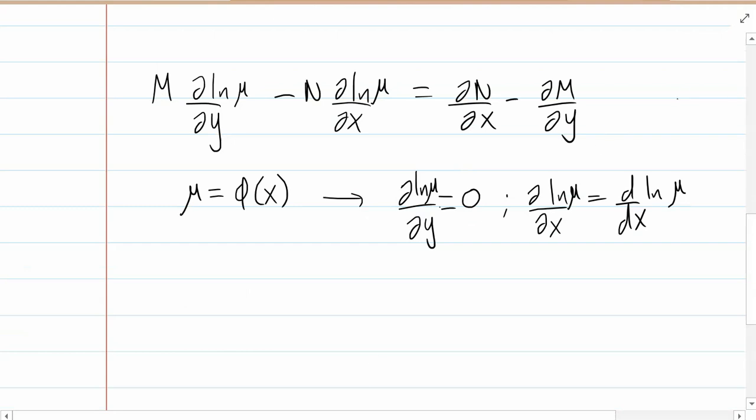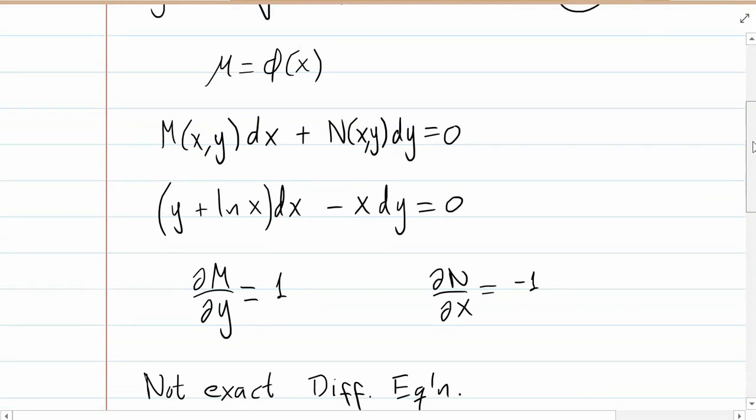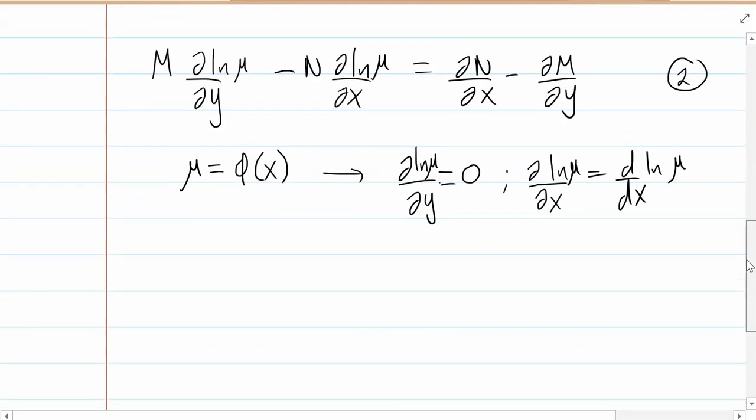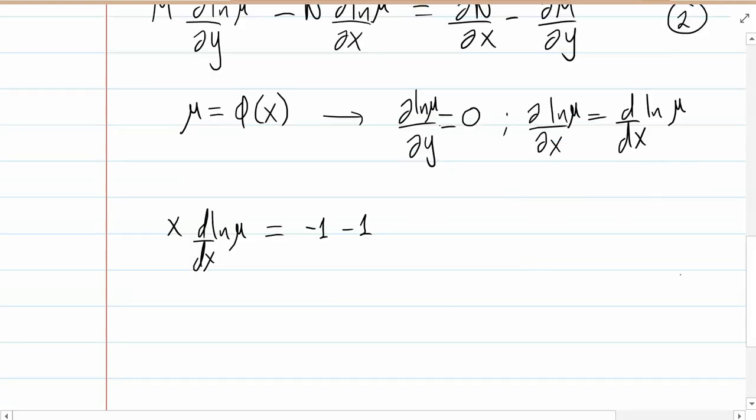So equation 2 simplifies to the following. N is negative x, so negative N is positive x, and that multiplies d/dx of ln mu. This is equal to -1 from the partial derivative of N with respect to x, minus 1 for the other derivative, so it's -2.